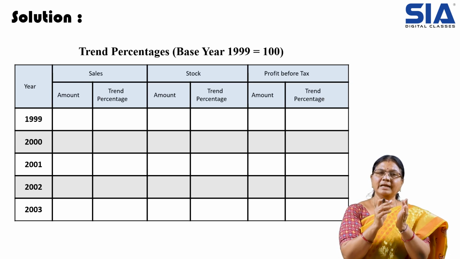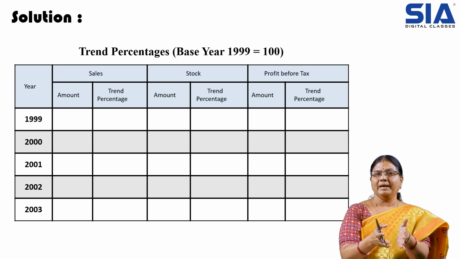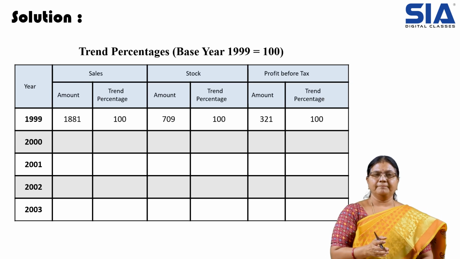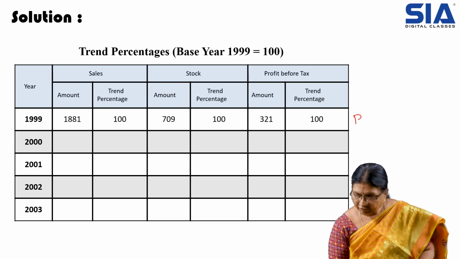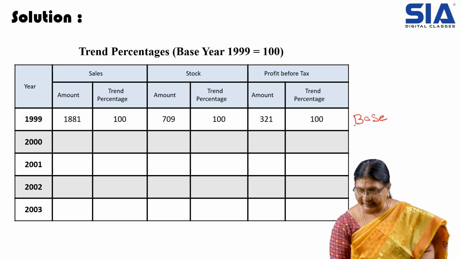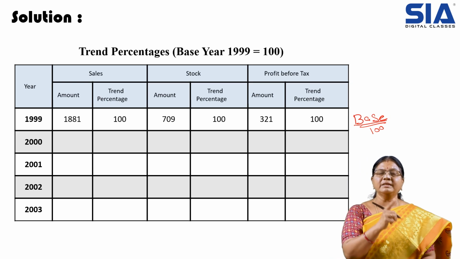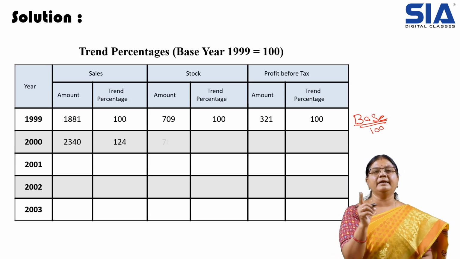Under that I am showing the amount in the first column and the trend percentage in the second column after calculating, in the same way for stock and profit. Here you can see these are the base. As I told you, the first year in the given data is 1999. I am treating this as the base, considering the data as 100. So you can see 100, 100, 100 are already placed.